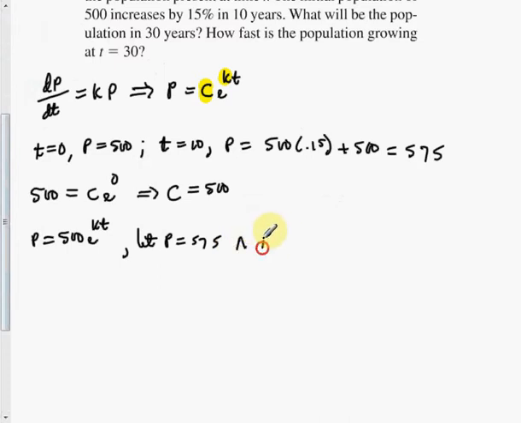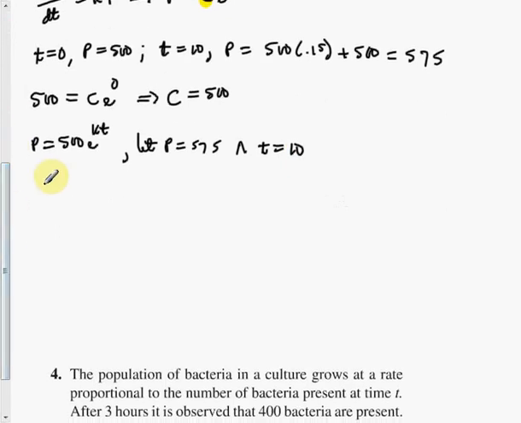This implies that 575 is equal to 500 times e to the 10k. Divide both sides by 500, then take the natural log of both sides, then divide by 10. Can we do all that in one step? I don't know. Okay.